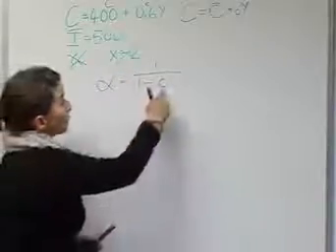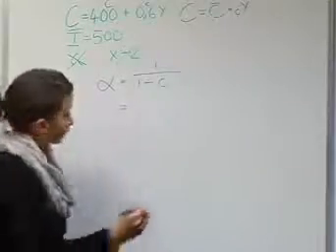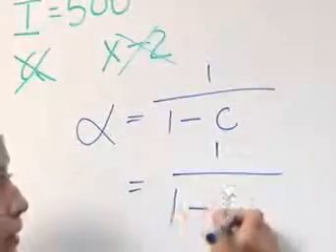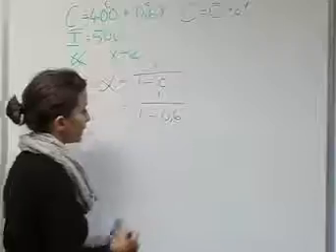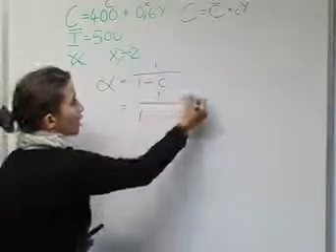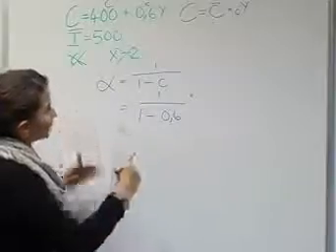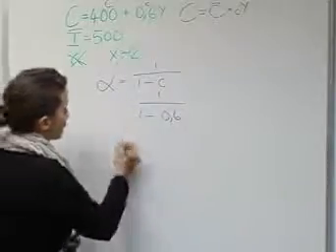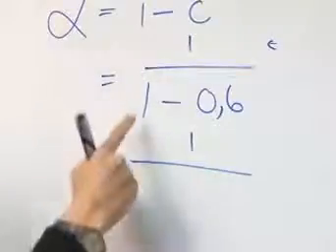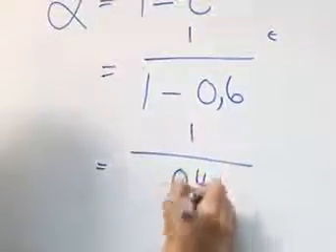But we know C is 0.6 because we knew what the consumption function was. So it's 1 over 1 minus 0.6. You should be really careful here because most students forget about this 1 on top. So write neatly so you can see what you're doing every step. Remember to write the 1 over 1 minus 0.6 is 0.4.